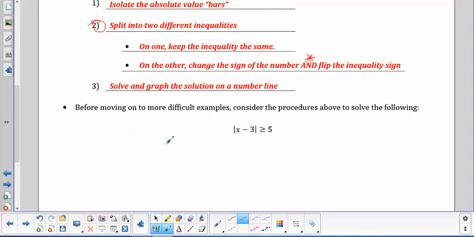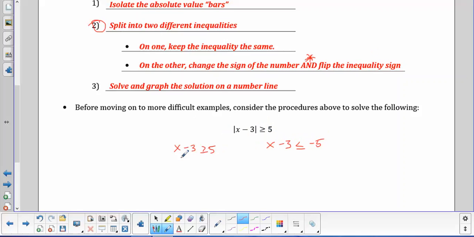So this guy is going to look like this. If we split this into 2 and we keep one of them as is, that's what that would look like. The other one, change the sign of the number and flip the inequality sign. So the other one's going to look like so. Flip the inequality sign, change the sign of the number.